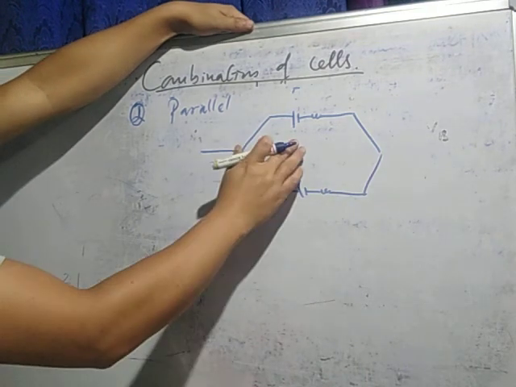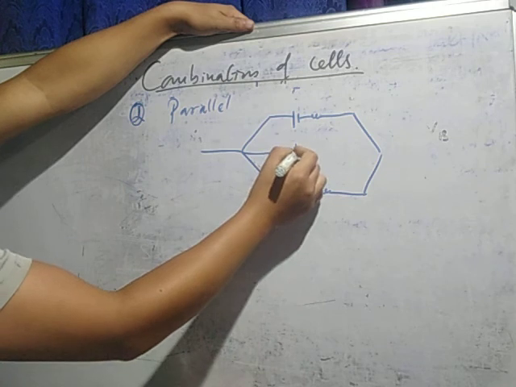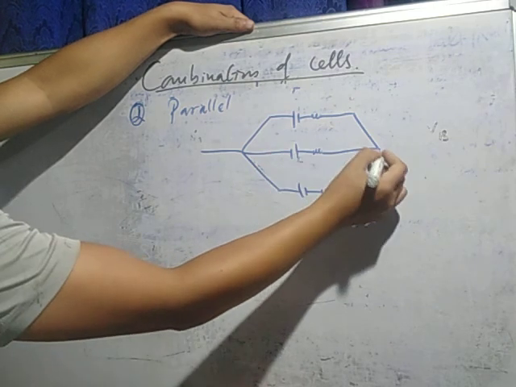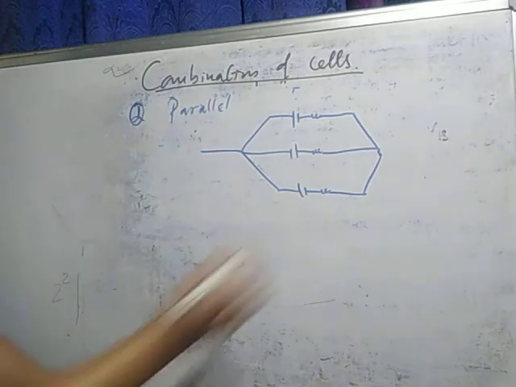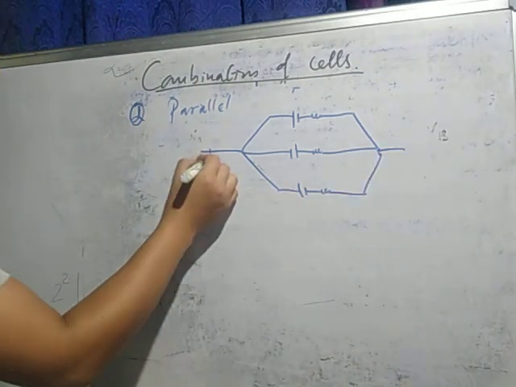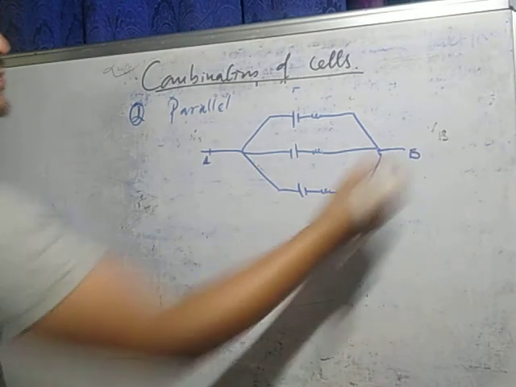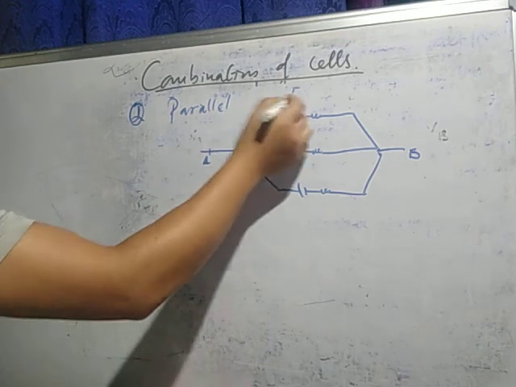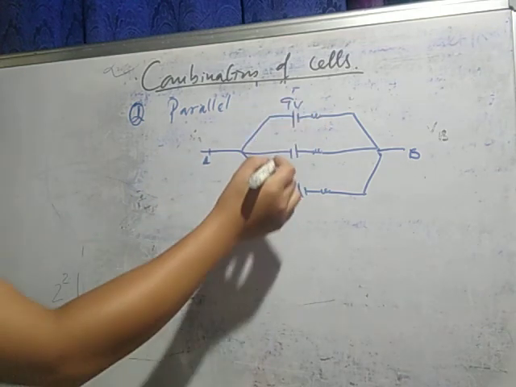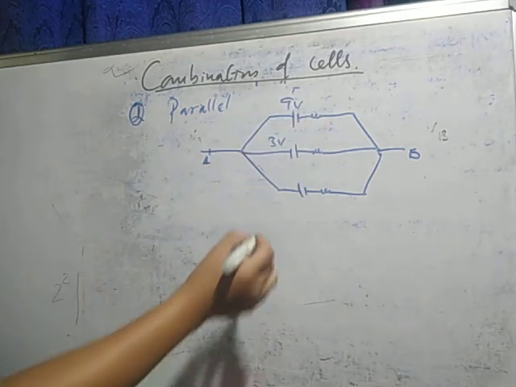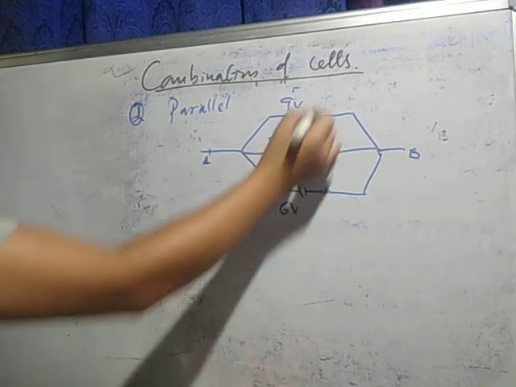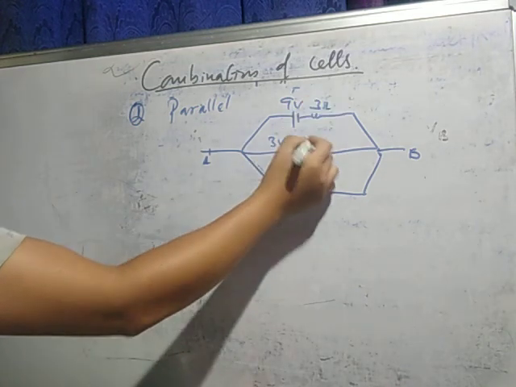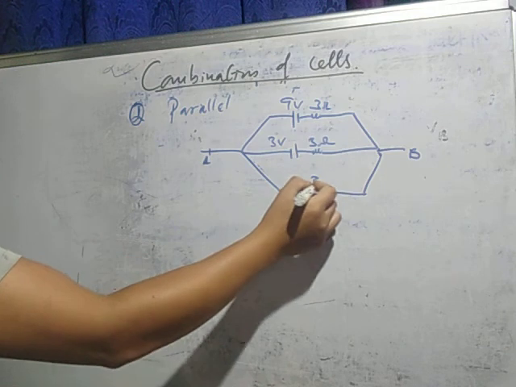Sorry, this is opposite. Here also if the polarity is opposite, then minus it. So you have 9 volt, 3 volt and 6 volt. These are 3 ohm, 3 ohm, 3 ohm.